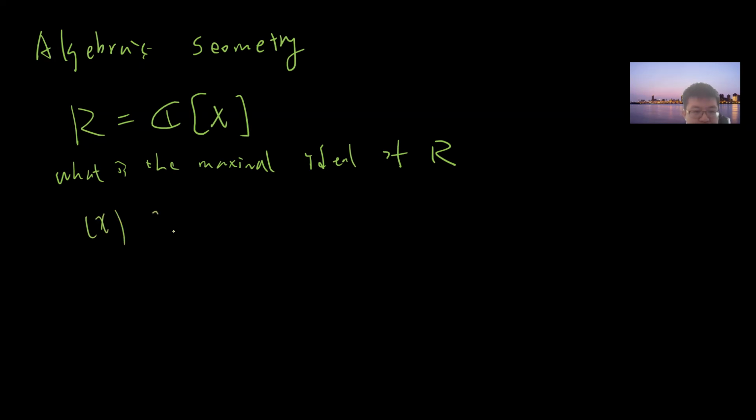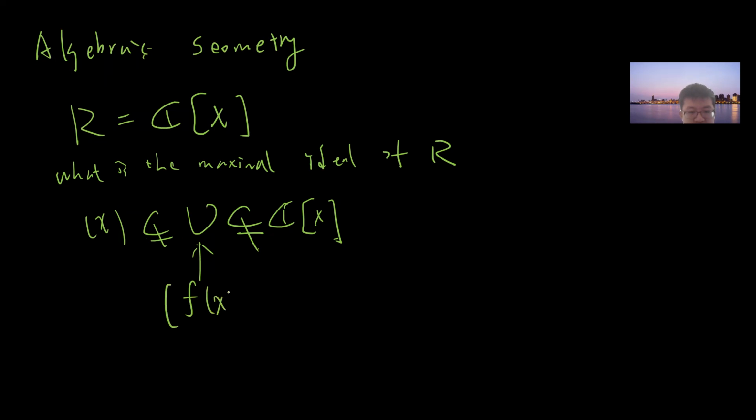And the reason, you can check by yourself: suppose U contains (x), which is not the same as (x), and U is also not the same as C[x], right? So in the future we will prove that this is a principal ideal domain. So that means any ideal U can be generated by some polynomial, let's say generated by f(x).